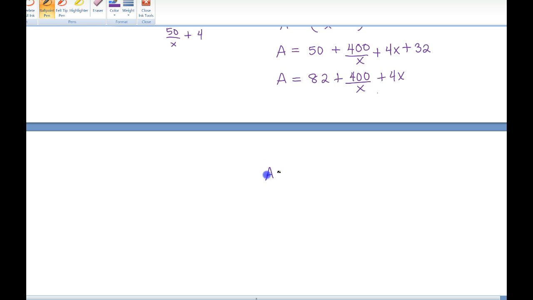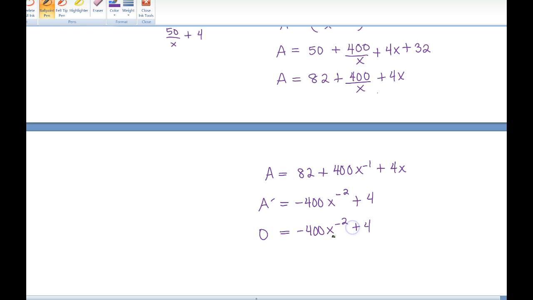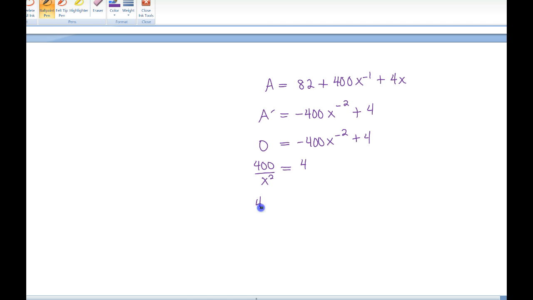Now, I want to take that, and I want to do the derivative. So I get negative 400 x to the negative 2 plus 4, and then we're going to set that equal to 0. So I get 400 over x squared, and that's going to be equal to 4. So I get 4x squared equals 400. Divide by 4, we get x squared equals 100. So x equals 10.